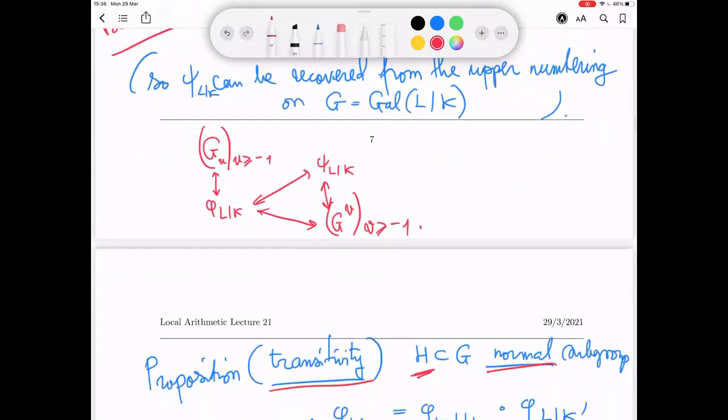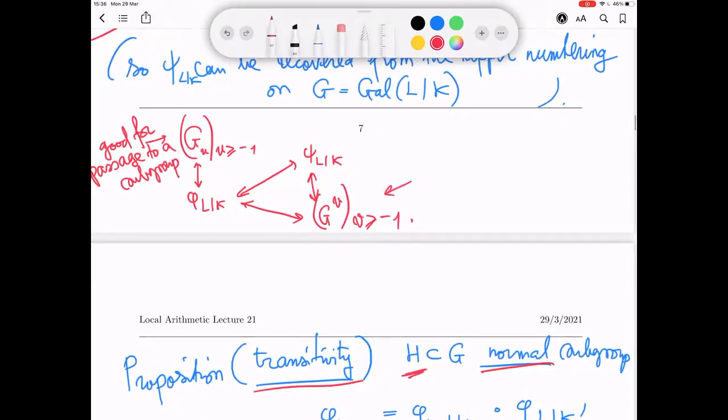So the idea is that this is good for passage to a subgroup. And this one is good for the passage to a quotient. In what sense? We are going to come back to it and make it more precise.